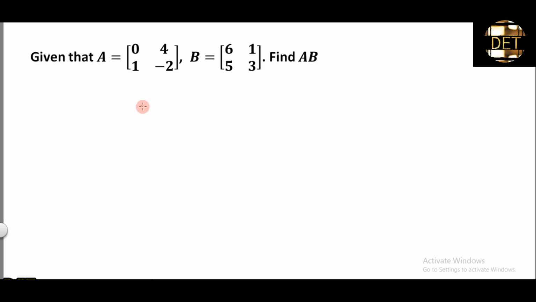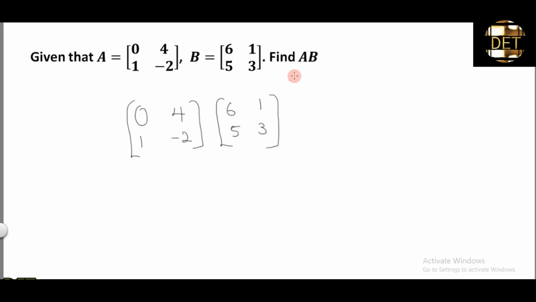So my AB will be, so my A is what? 0, 1, 4, minus 2. This is my first matrix. My second matrix, which is B, is 6, 5, 1, 3.